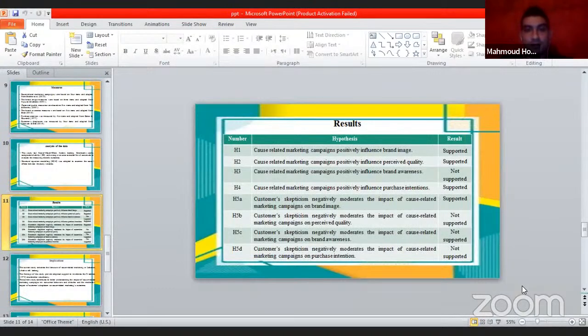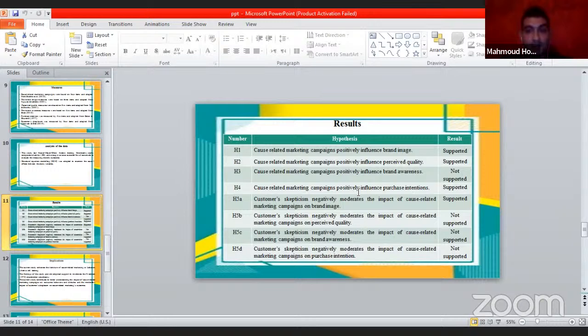These are the results. The cause-related marketing campaign positively affects brand image, perceived quality, and purchase intention. Thus, H1, H2, and H4 are supported. H3 is rejected, and there is no relationship between the cause-related marketing campaign and brand awareness.